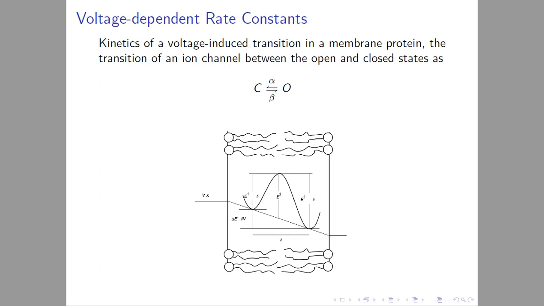Next is the voltage dependent rate constant. Here the kinetics can be induced by the voltage, so voltage induced transition in the membrane protein, the transition of an ion channel between the open and closed state. Here C is closed and this is open, with alpha and beta. The arrows are supposed to be drawn in these directions, as in our textbook.